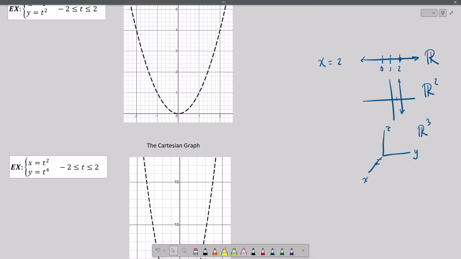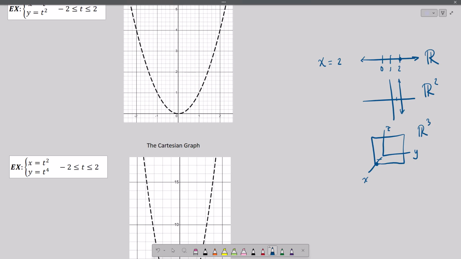Same idea here. If you're in 3-dimensional space, you want all the ordered triples that have an x coordinate of 2, so there's no restriction on the y or the z, and if you pull it in the y direction and the z direction, you're going to end up with a plane that goes on forever, vertically up and then sideways.